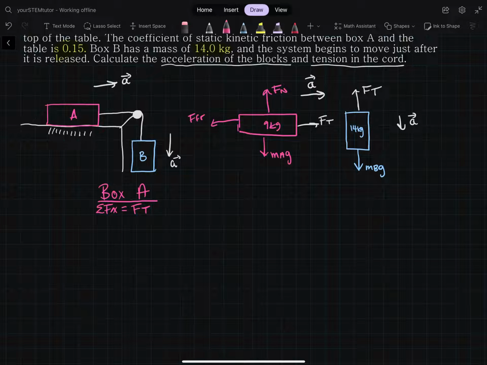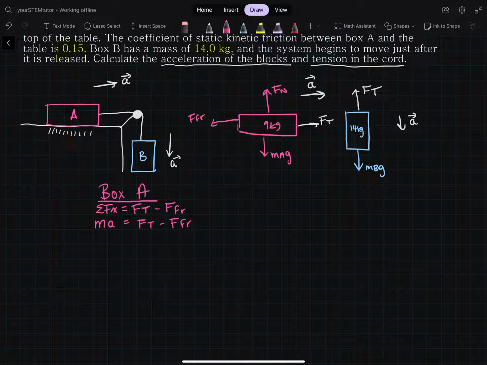The only thing on the x-axis that is opposing our acceleration for block A is our force of friction. And we know that the sum of forces is always equal to mass times acceleration at constant acceleration. So we can rewrite our equation like this.